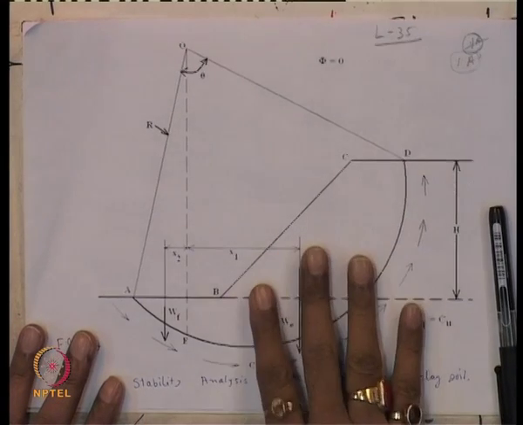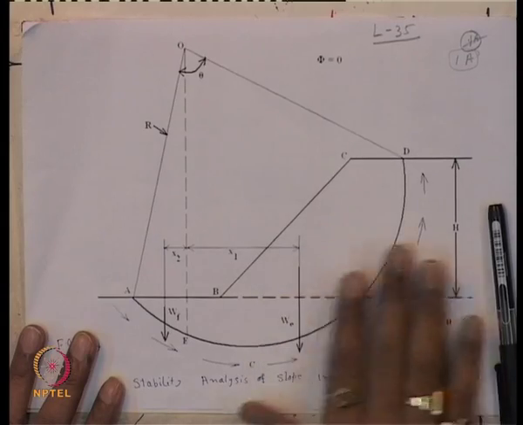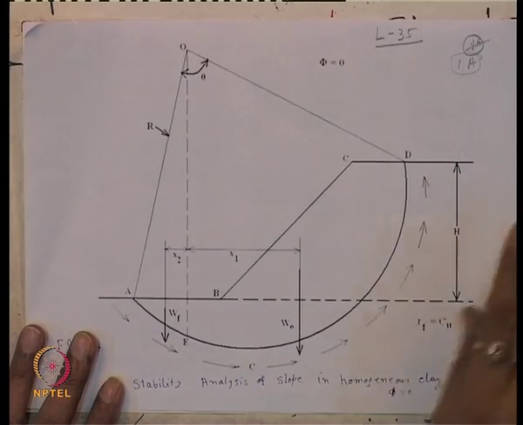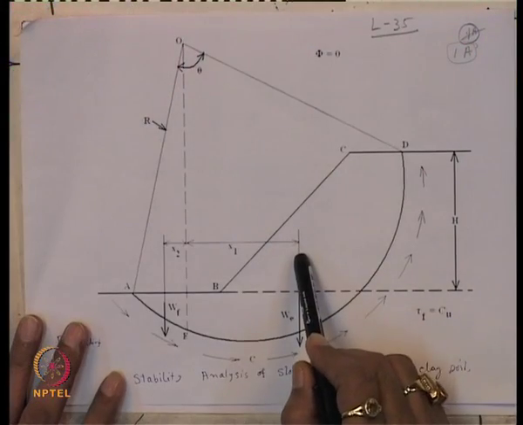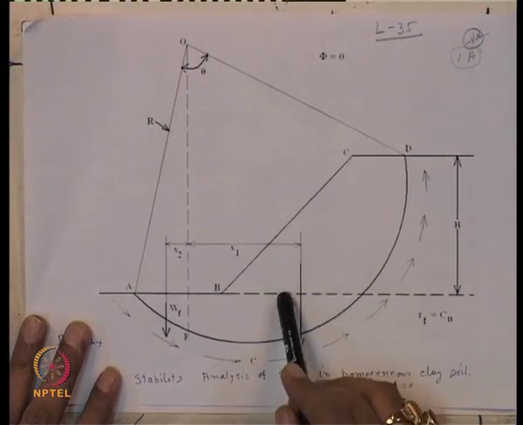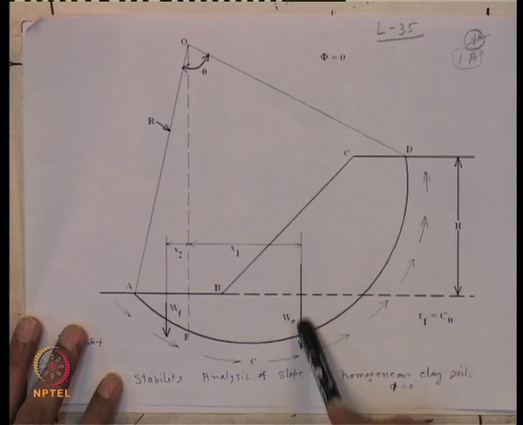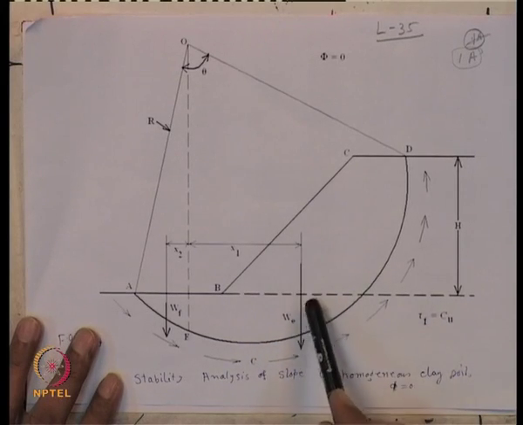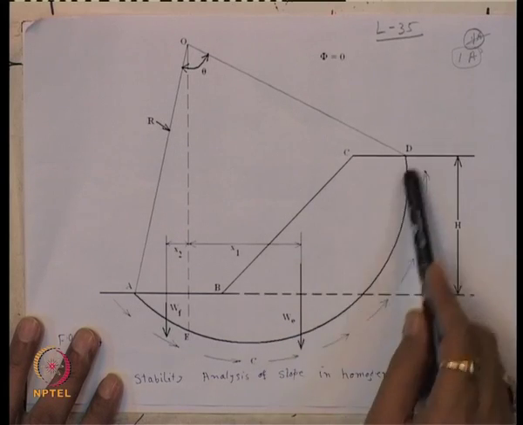So, we have to check what will be the factor of safety against the slope failure when phi is equal to 0. So, we have to calculate what will be the driving moment and what should be the resisting moment. Driving moment, that means this is the weight WE of the embankment, this part.